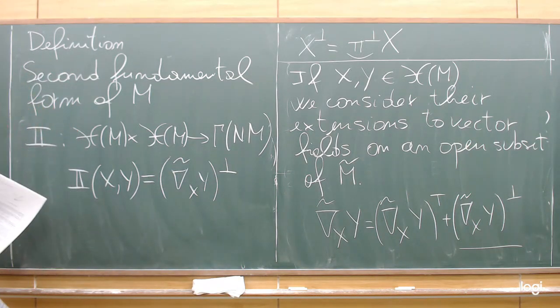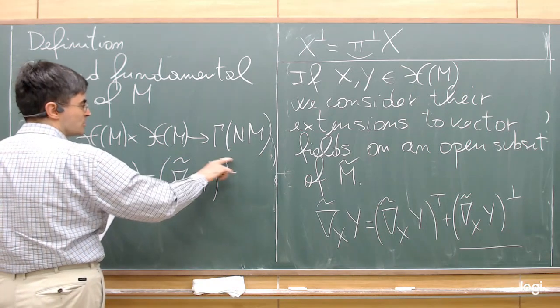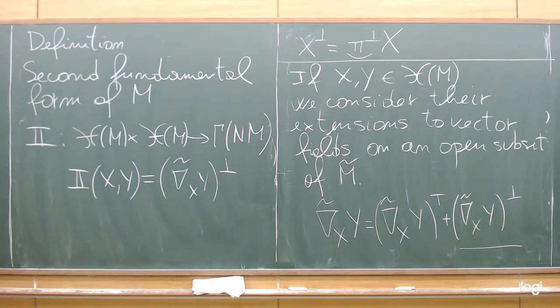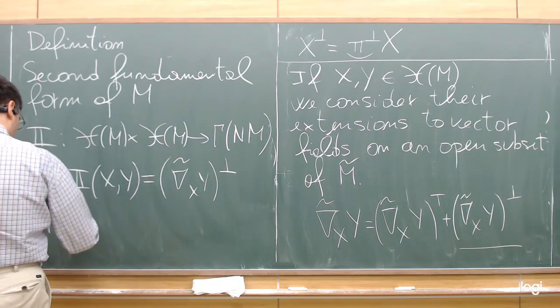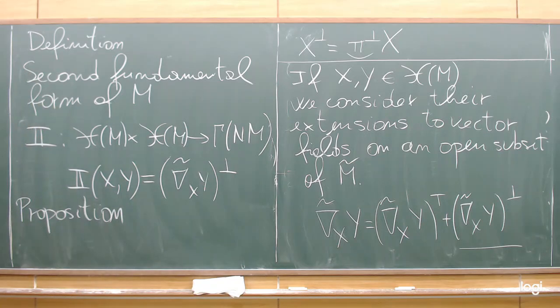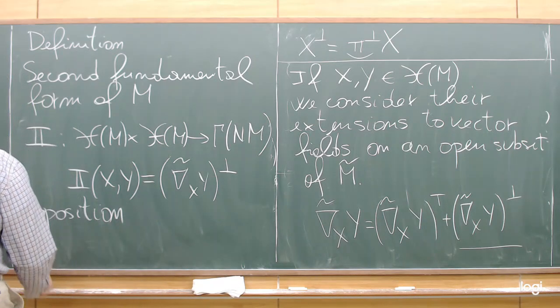So this explains why II takes values in Gamma of NM, that is, the set of sections of NM. The first result, which I present without proof because it's very easy, is the following.